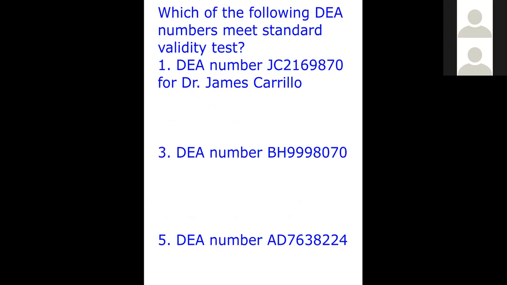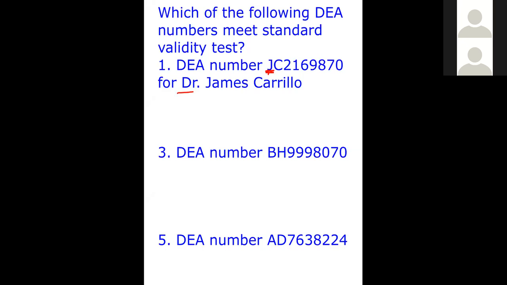So problem number 1 says DEA number JC216980 for Dr. James Carrillo. So the first set of rules for the DEA number is to look at the first and second letter. So looking at J and C, we notice right off the bat that the first letter, J, is not part of the rules for doctors.